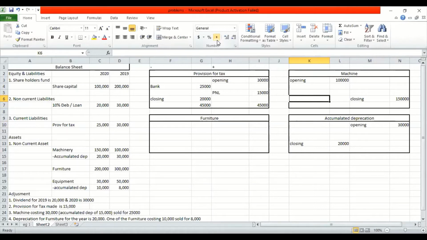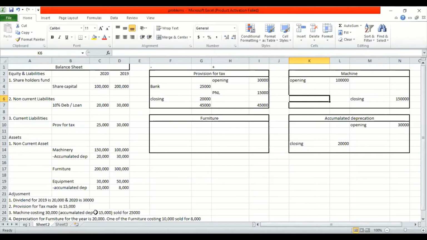Machinery costing 30,000, accumulated depreciation 15, sold for 25. Now accumulated depreciation, you always keep on accumulating the depreciation for any machinery with you on the credit side. But when you sell a machinery, you have to cancel the depreciation accumulated associated with that machinery.